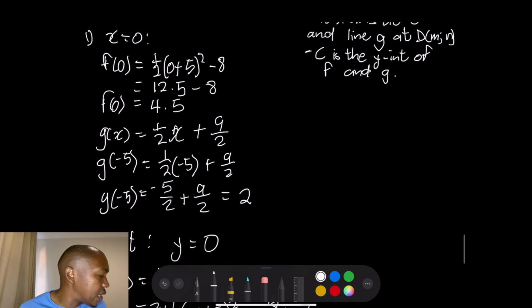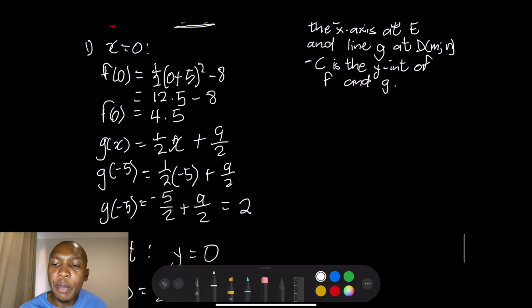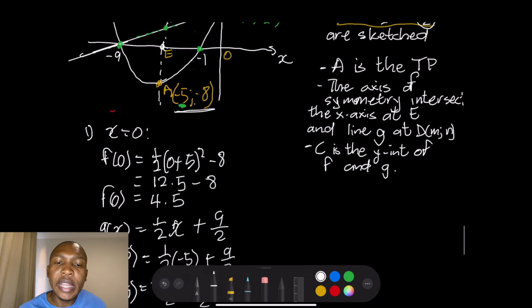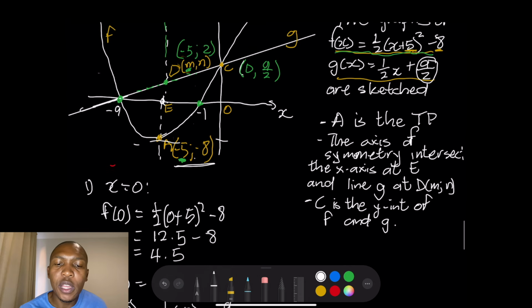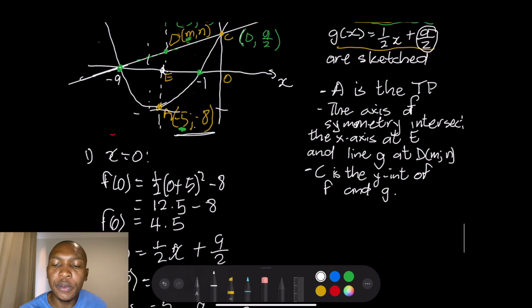Okay, and the second question said write down the range of f. Now remember, when we talk about the range, it's where the graph exists in the y. So in this case, our range is from negative 8 to infinity. So remember, it doesn't exist below negative 8. It starts from negative 8 and it goes all the way up till infinity.